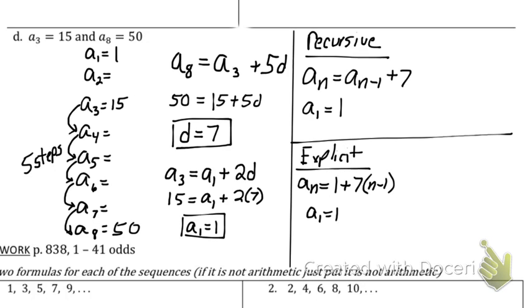Can I really take off points for that? No, I can't take off points for that. So if you're ever in doubt, just list the very first term. All right, when in doubt, list that first term. Or we could have written a sub n equals 7n minus 6.